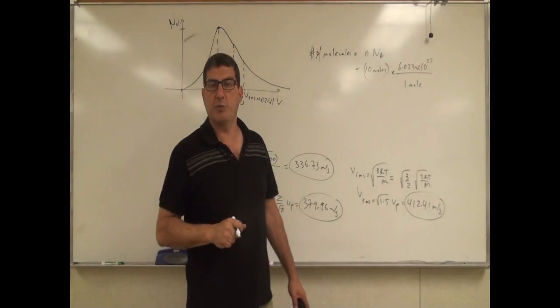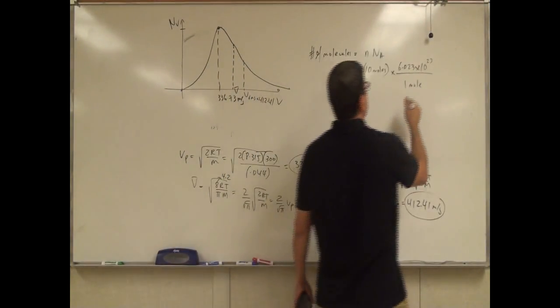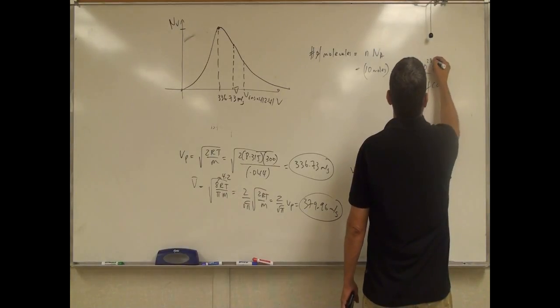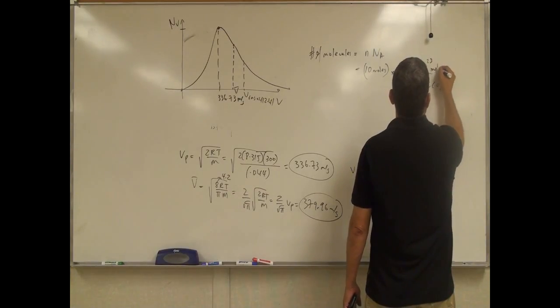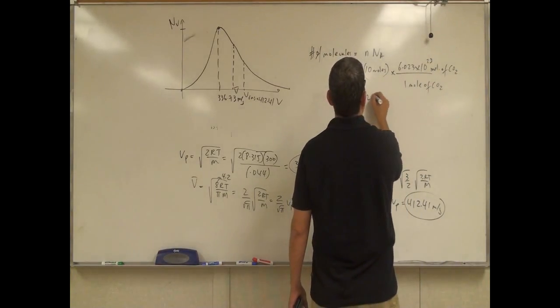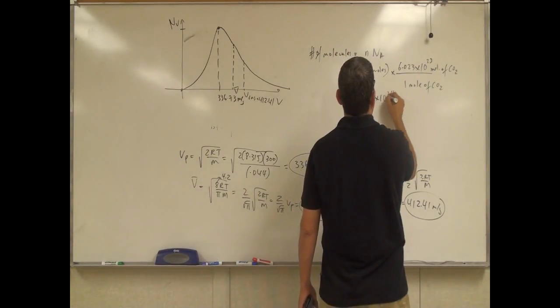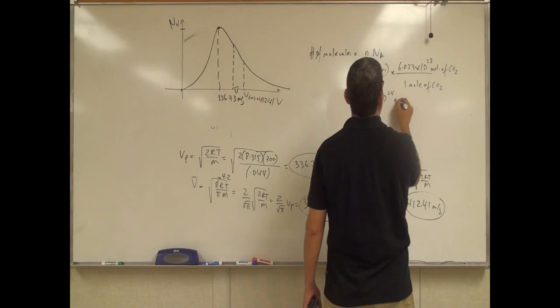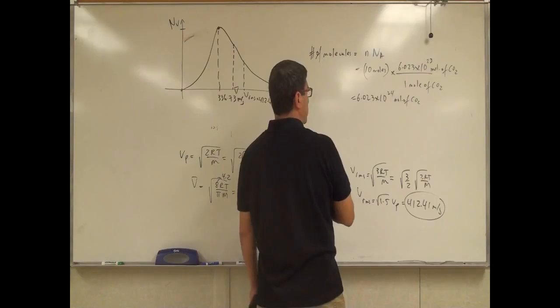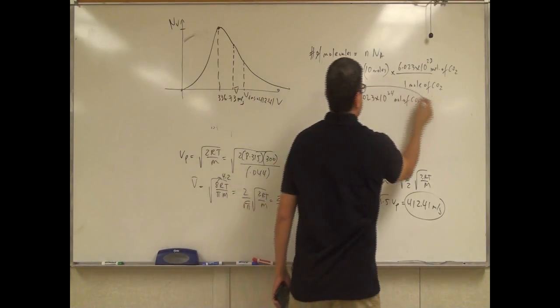In this case, we're talking about molecules of carbon dioxide. So 1 mole of carbon dioxide has 6.023 times 10 to the 23 molecules of carbon dioxide. You multiply that, you get 6.023 times 10 to the 24th molecules of carbon dioxide. So that is the number of molecules, right?